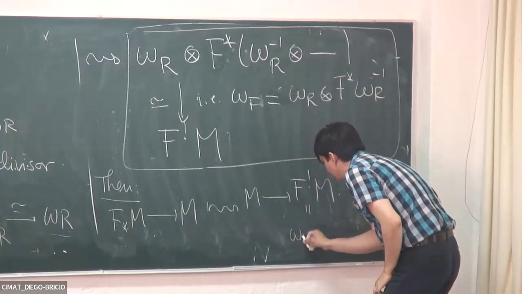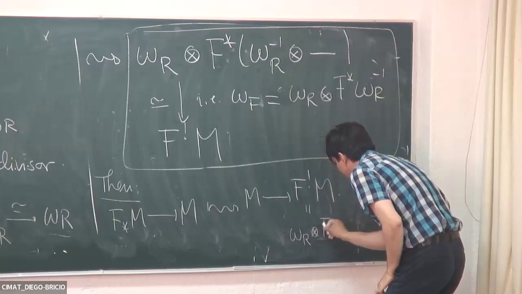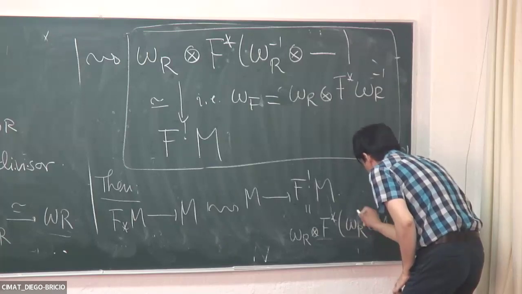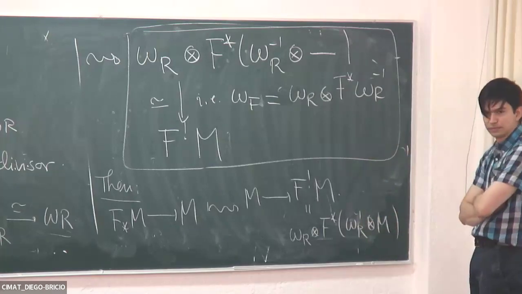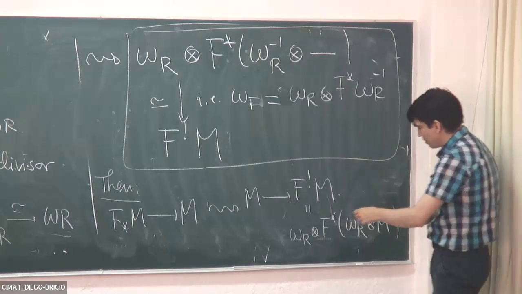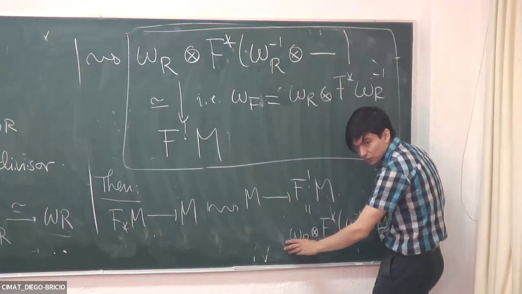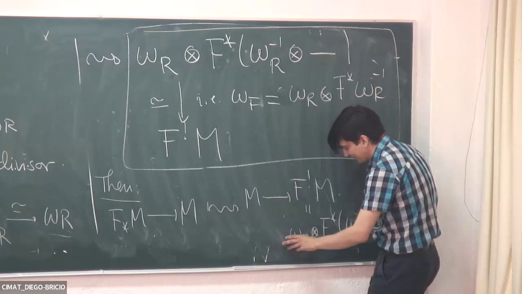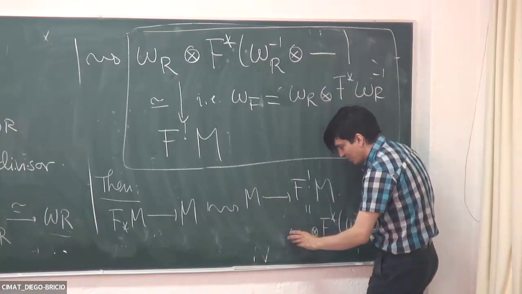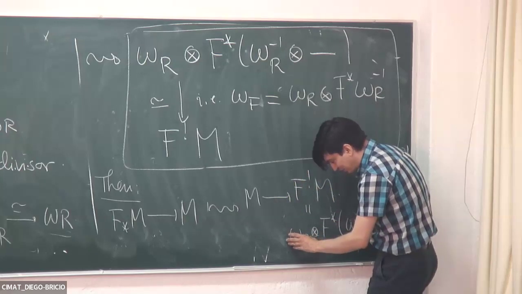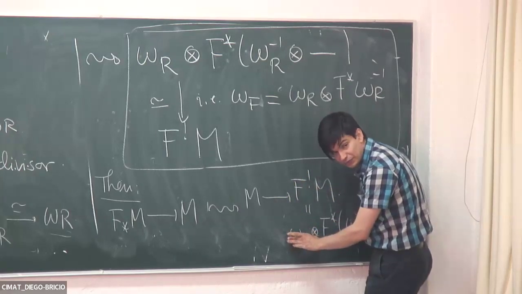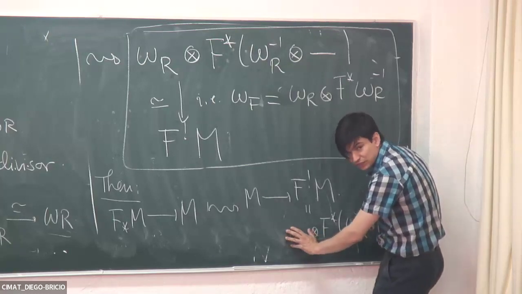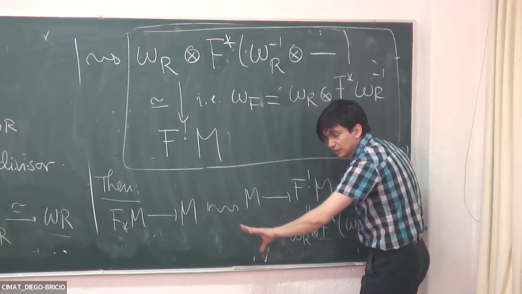So it's going to be isomorphic to this. But this is a Cartier module. Sorry, this is. Well, the canonical divisor is a Cartier divisor, and therefore this is invertible. So I could twist by omega R inverse to get rid of this in here and move it to the other side.